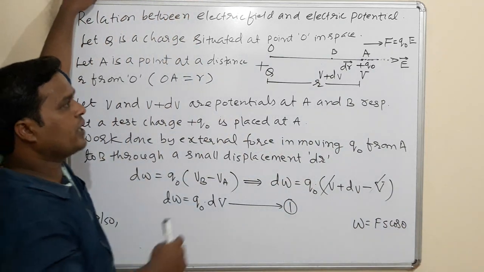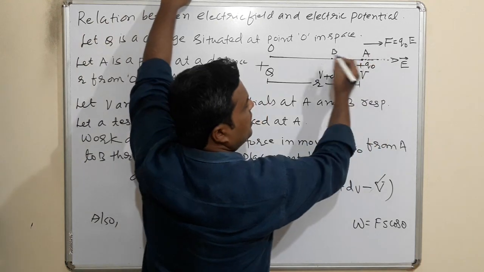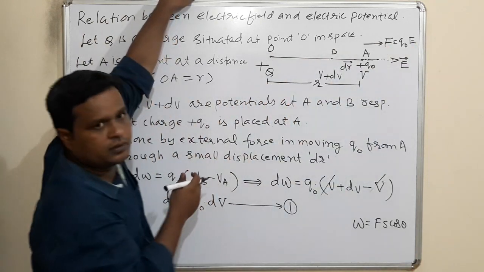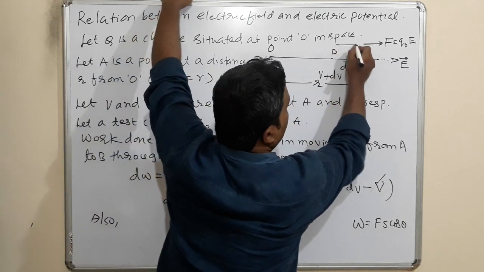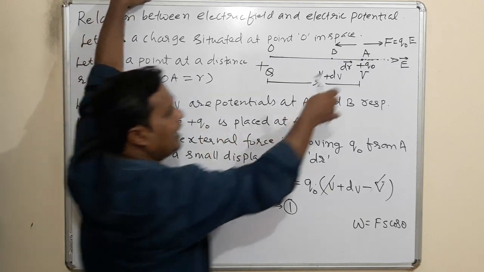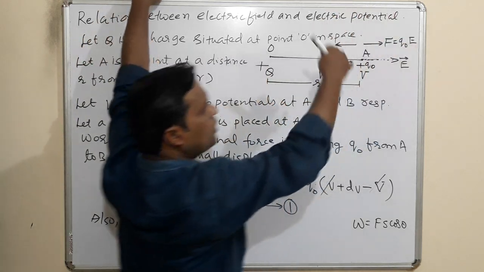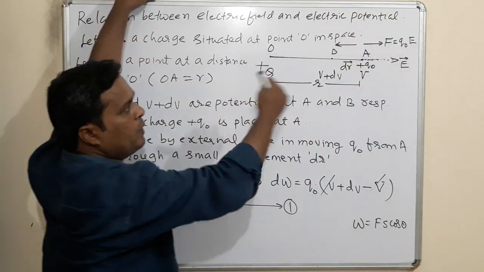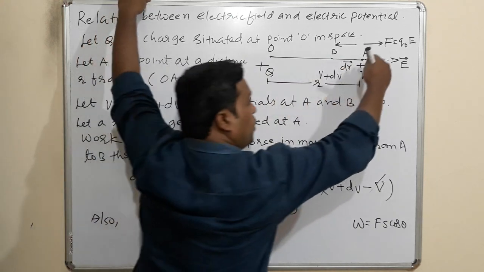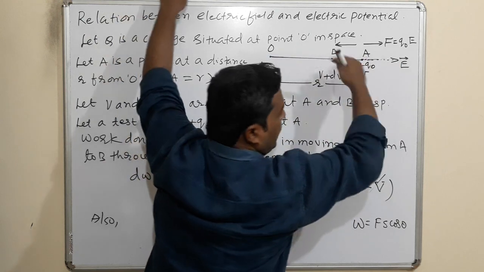What is the force that we are applying? This charge is experiencing a force of Q naught E in this direction. If you want to move it from A to B, then at least this much force you have to apply so that it can be moved from A to B without any acceleration. I want to move it without acceleration.